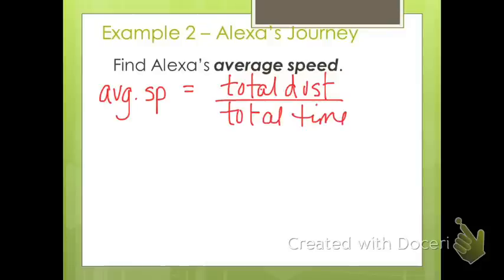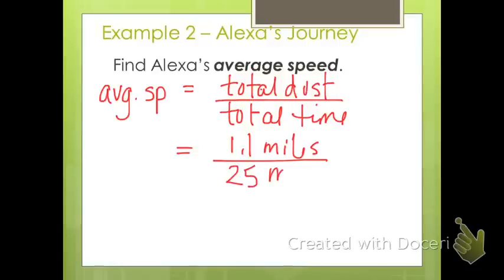Her total distance was 1.1 miles, and she did that in 25 minutes. So that is her speed, 1.1 miles in 25 minutes.